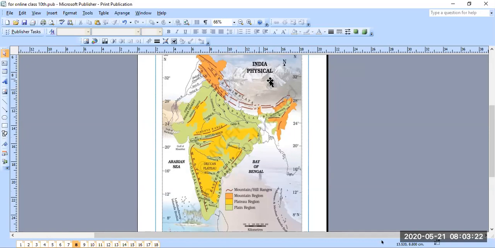So this land was intact, flat land, and it had many rivers, and these rivers were depositing some sediment into the sea that is non-existent now. That sea, scientists believe, they named it the Tethys Sea.